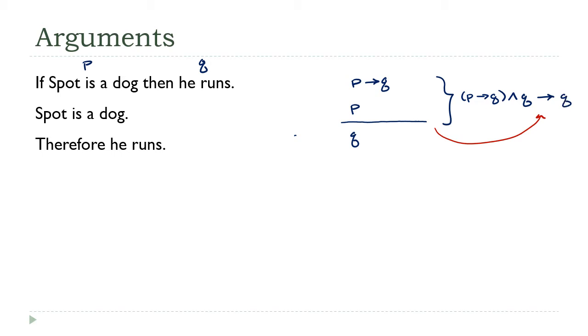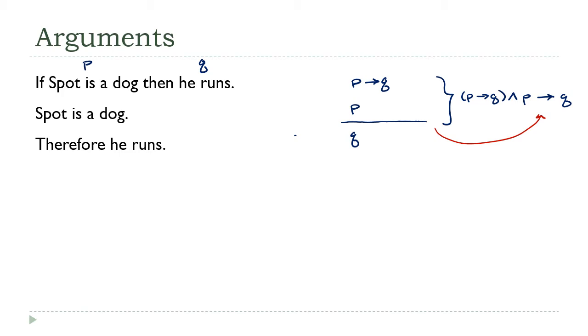And then I've got the conclusion. Excuse me, this should have been a P, the second premise. Okay, there you go. So that's what I'm going to write a truth table for. Now, you want to generalize this a little bit. The way this works is: if premise 1 and premise 2, then the conclusion.